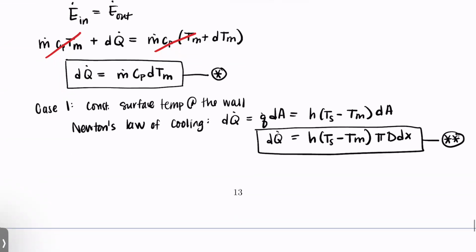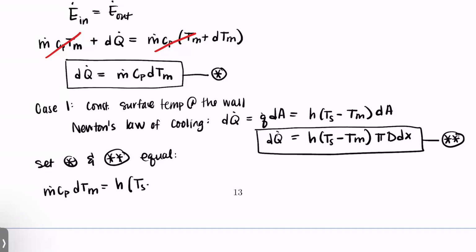And now I'm going to set star and star star equal to each other. So I have m dot cp dTm equals h times (Ts minus Tm) pi D dx.